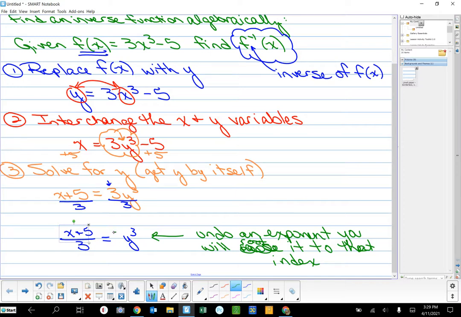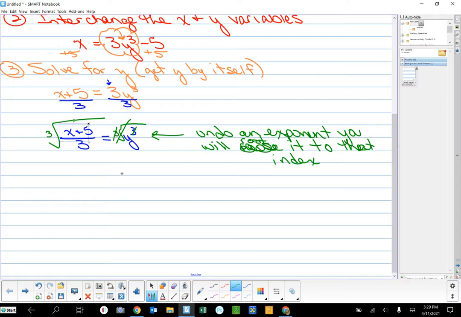Okay, so I'm going to take the cube root, and that will cancel out all of those. So now I have y equals the cube root of this whole fraction. Okay, and you were solving step 3, solve for y. So once that happens, you kind of achieved what you want.